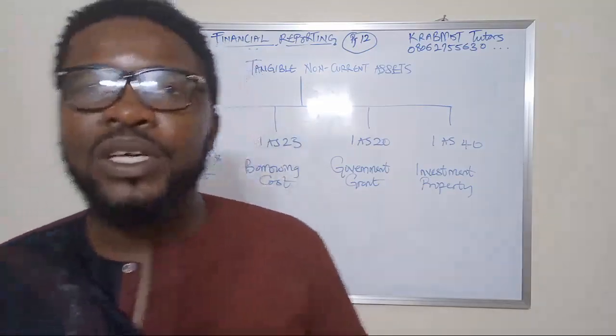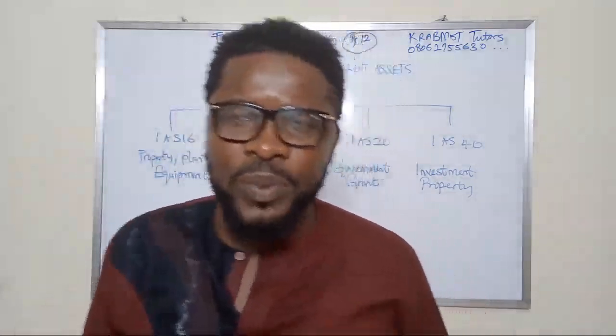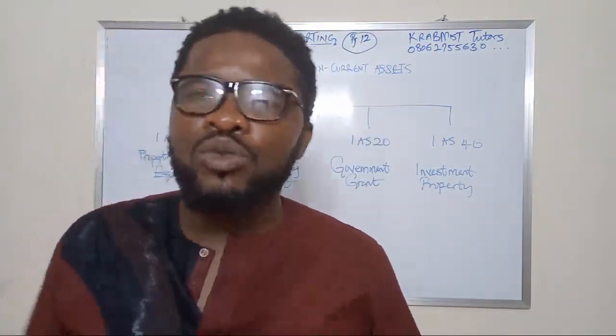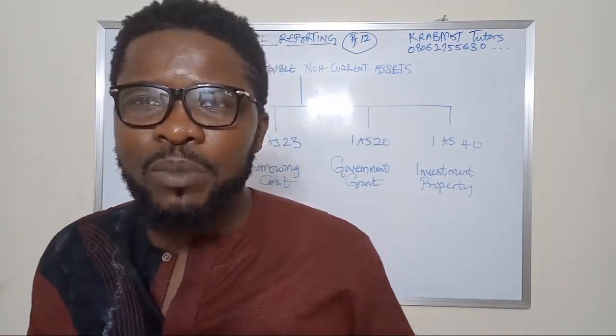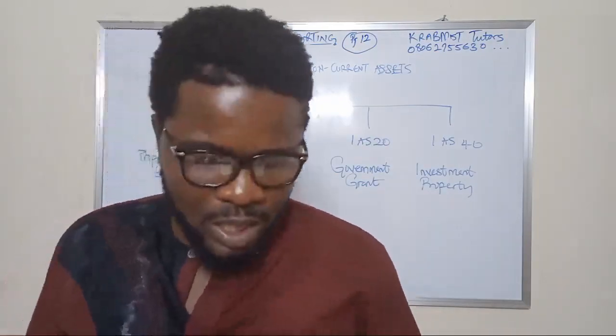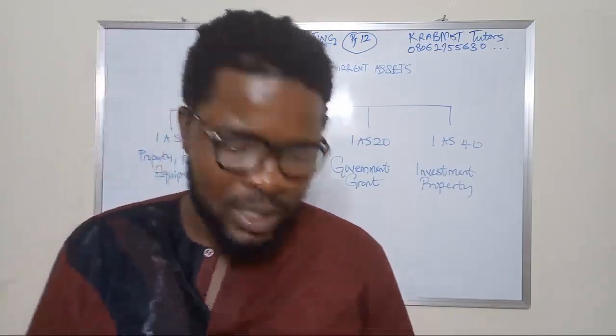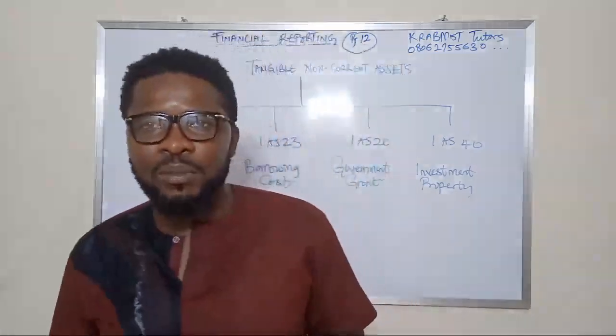Now let's look at PPE. We have played with PPE a lot, and used it in the exam-type questions that we solved. Now go with me to page 21, so I don't have to write much on the board.